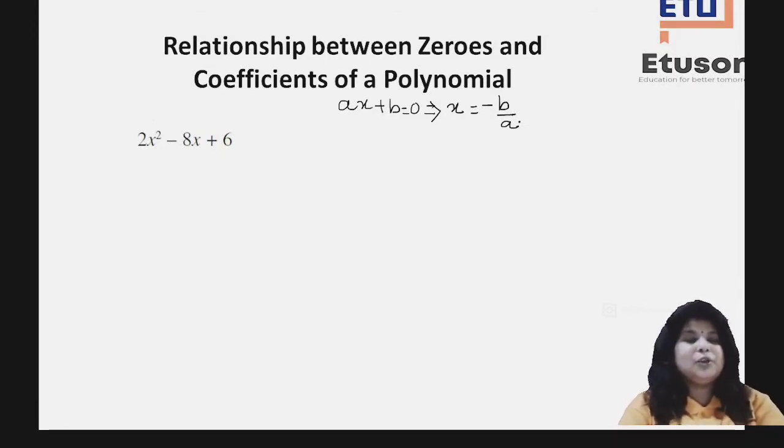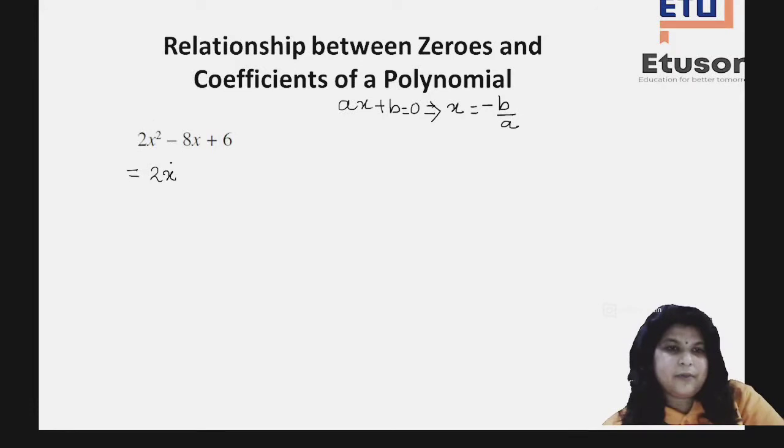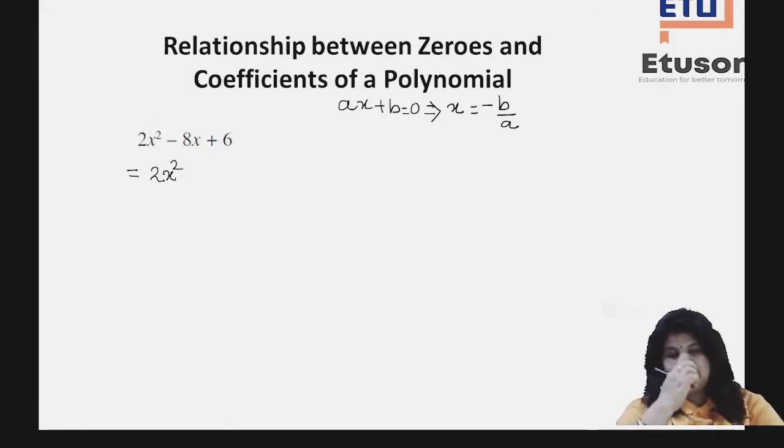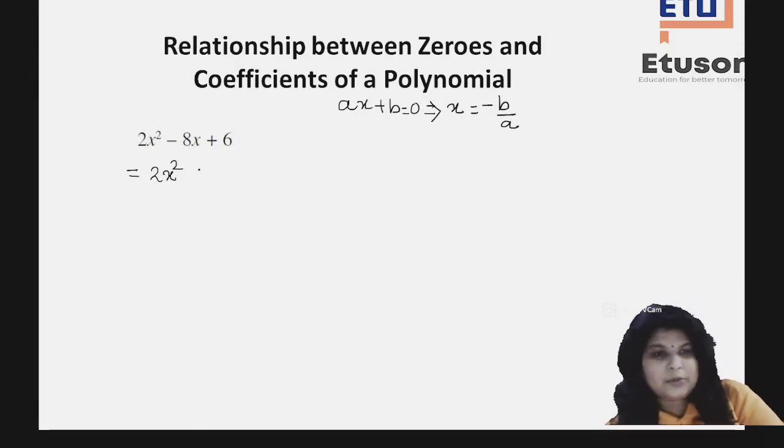That is 2x square minus 8x plus 6. Okay children. If you remember, by splitting the middle term, we can factorize the given equation like this. The factorization should be in such a way that the sum should be equal to minus 8 and the product should be equal to 2 into 6, that is 12.